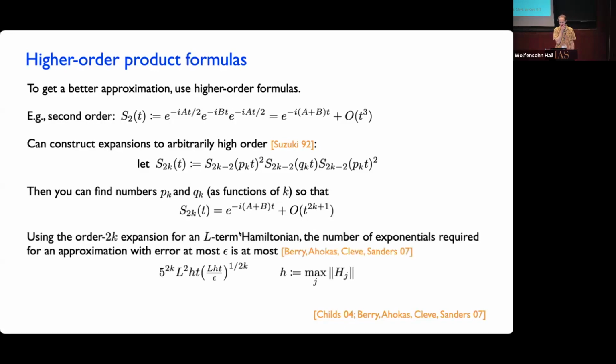So if you use this order 2k approximation, and you have some Hamiltonian that has, let's say, L terms, then you can give a bound that scales like this. This is a bound on the number of exponentials, so you can think about this as a proxy for the number of gates that it would actually take in some simulation to reproduce the dynamics for time t up to error epsilon.